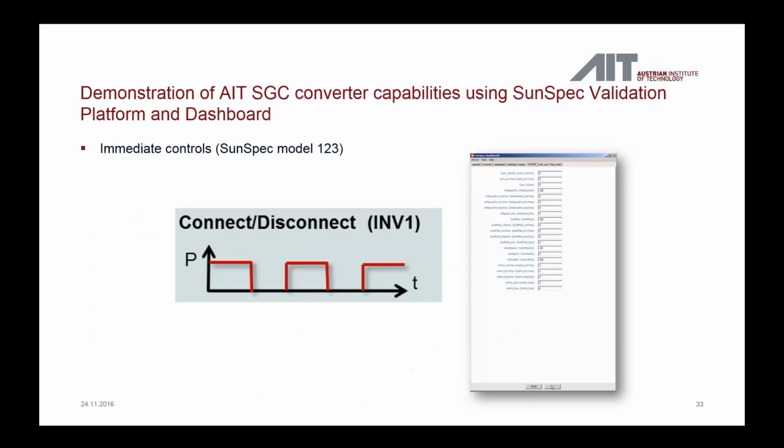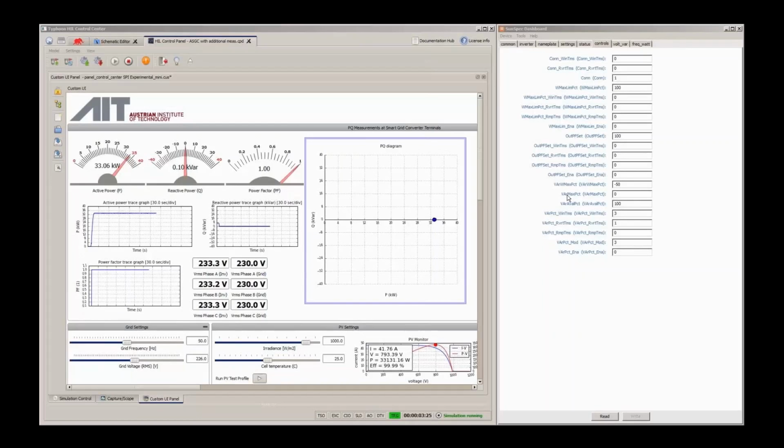First of all, the connect, disconnect functionality. I would like to show this using the Sunspec dashboard, so not the automated tests in the test script of the Sunspec validation platform, but more the interactive control. Here again on the right-hand side you can see the parameters of the control model, and now we are going to change the connect parameter to 0, and on the left-hand side you can see the active power output of the inverter has gone down to 0.